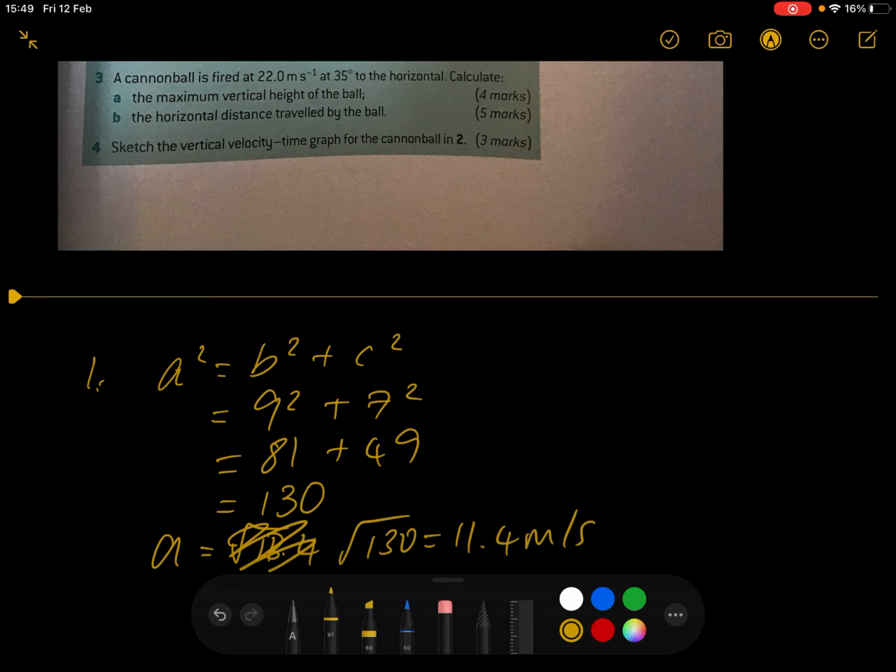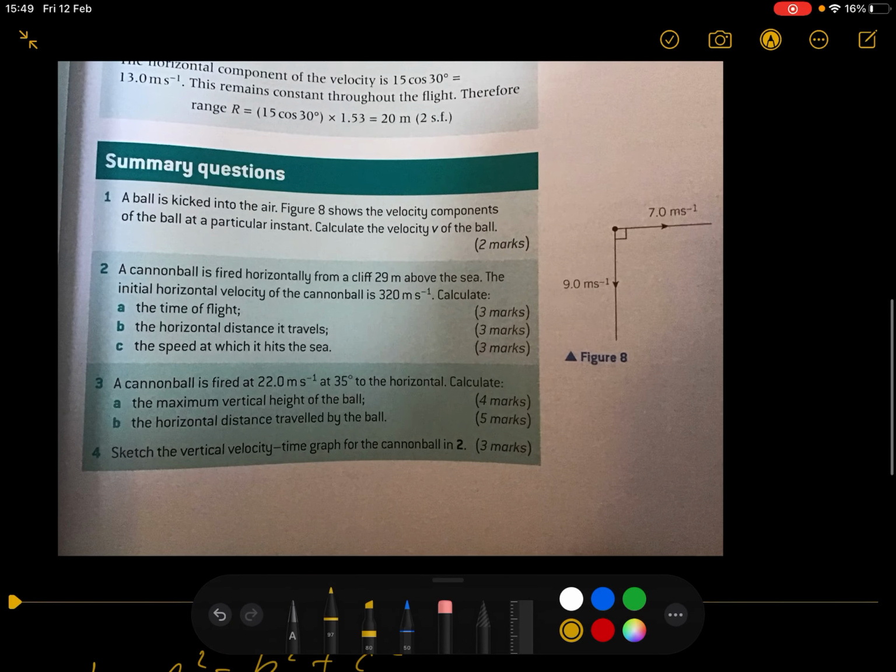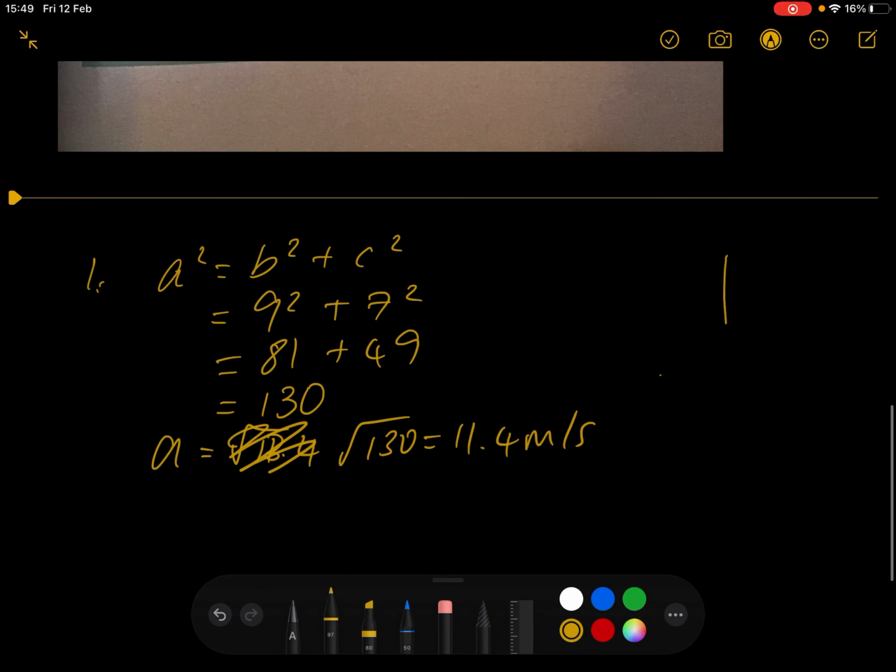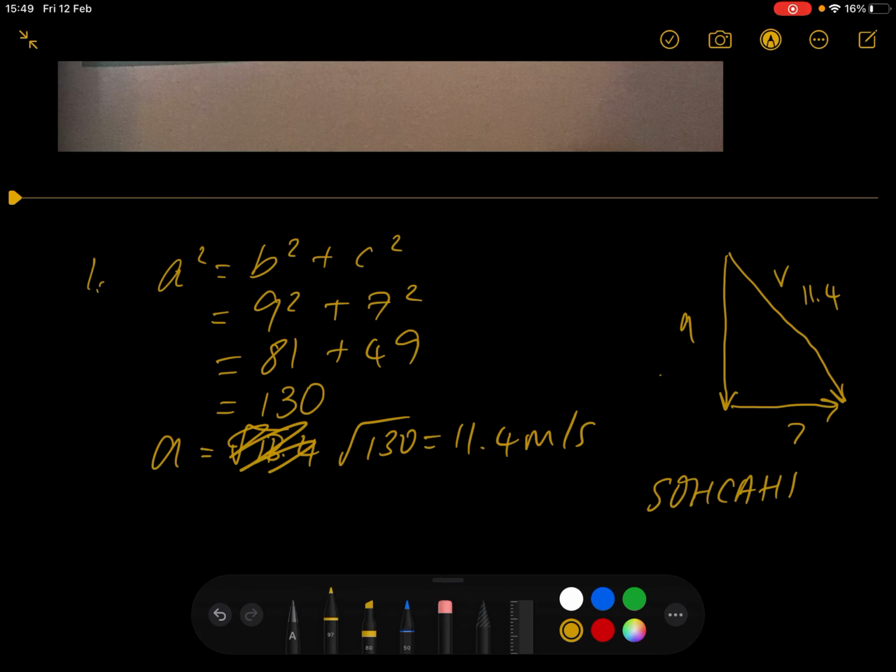Next bit, you need your angle, so let's draw it out as a triangle. Where were we? 9 down, 7 across, V, which is 11.4, and you can use any of your SOHCAHTOA. So, full confession, I always write it out.